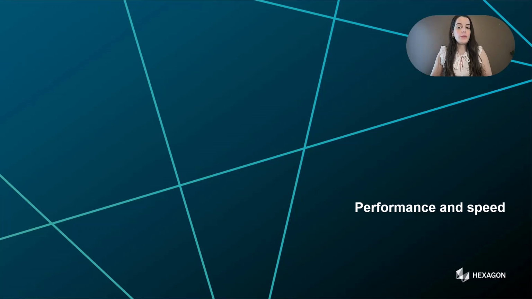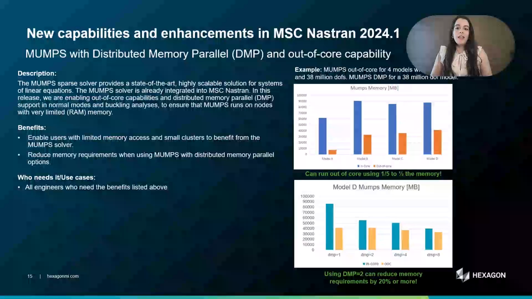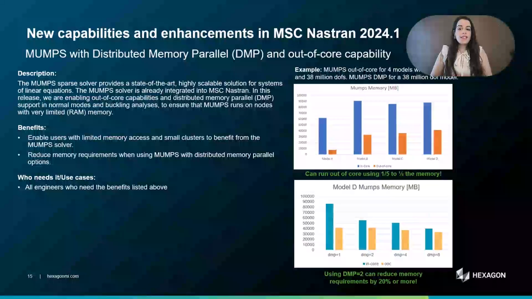Moving on to the performance and speed features of MSC Nastran 2024.1. The MUMPS sparse solver provides a state-of-the-art, highly scalable solution for systems of linear equations. Already integrated into MSC Nastran, this release enhances it with our out-of-core capabilities and distributed memory parallel support for normal modes and buckling analysis.